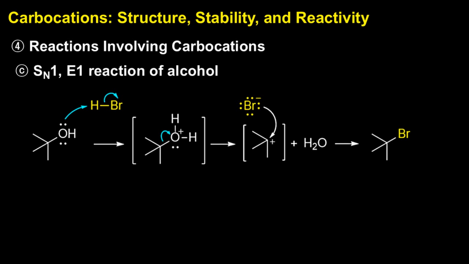Once water leaves, you're left with a carbocation ion. From there, the reaction can go in 2 directions. Either a nucleophile attacks to give you SN1, or a base pulls off a proton, leading to E1 elimination and the formation of an alkene. So yeah, even something as simple as an alcohol can react through a carbocation ion, as long as the conditions are right.